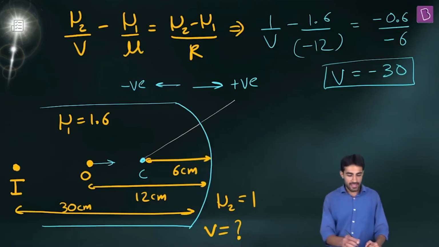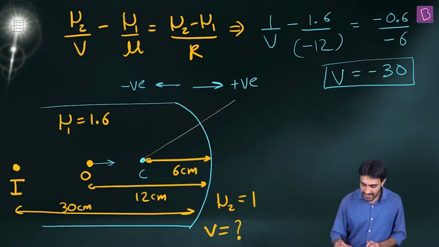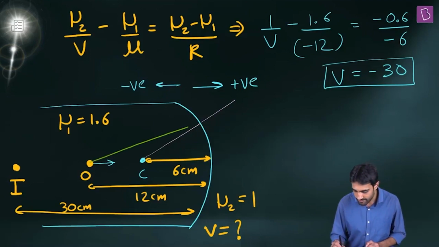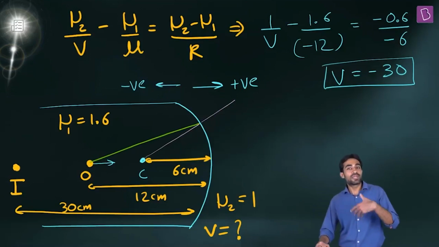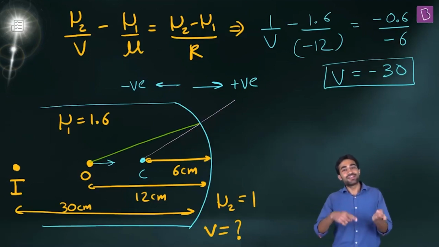Now, here comes the incident light ray. This is the incident light ray. Let me choose a different color. Green color will look good. So, let's choose this color. This is the incident light ray. Now, light ray is going from optically denser medium to optically rarer medium.